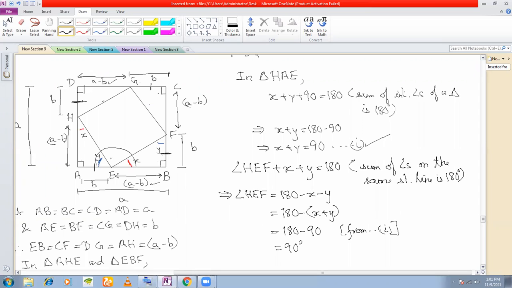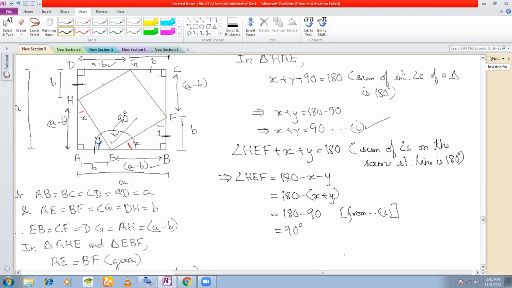So what have I shown? I have shown that this angle here is 90 degrees. That means this is a quadrilateral in which all the sides are equal and one interior angle is 90 degrees. That means it has to be a square. Therefore, an interior angle of the quadrilateral EFGH is a right angle.